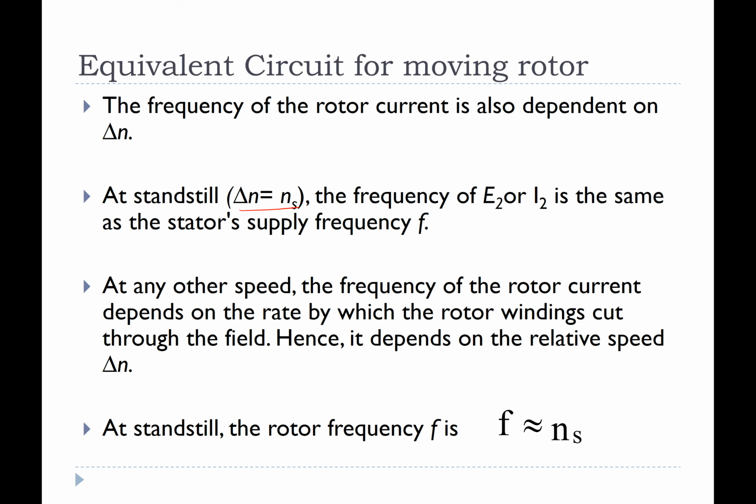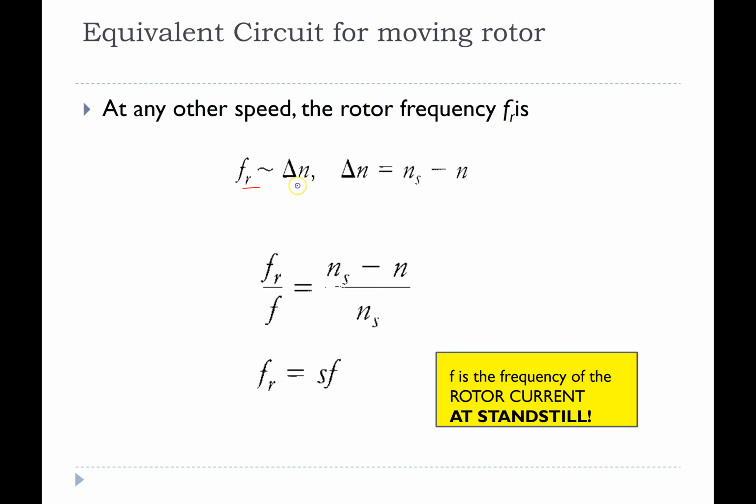As the rotor begins to move, just like in the case of the magnitude, it is now proportional to Ns minus N. So we end up with the same relation: the frequency of the rotor current is equal to the slip multiplied by the frequency at standstill.